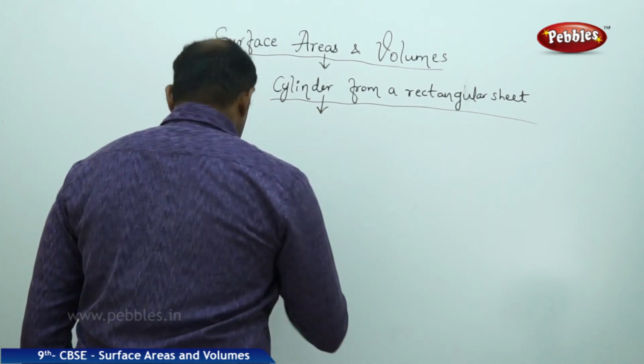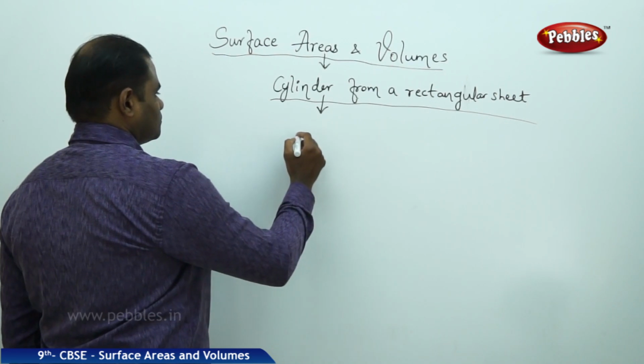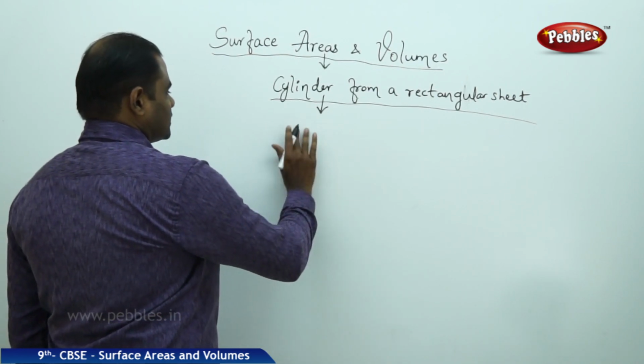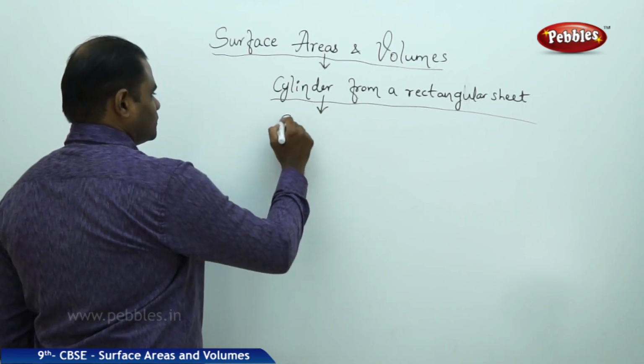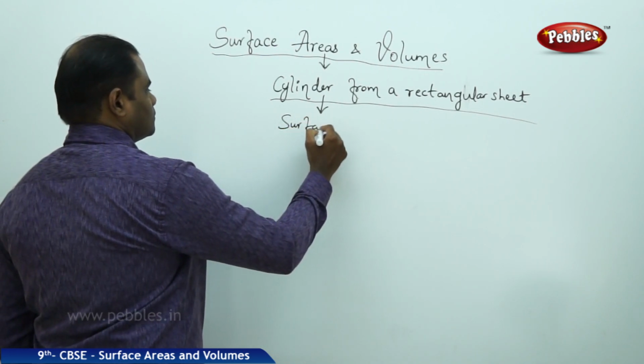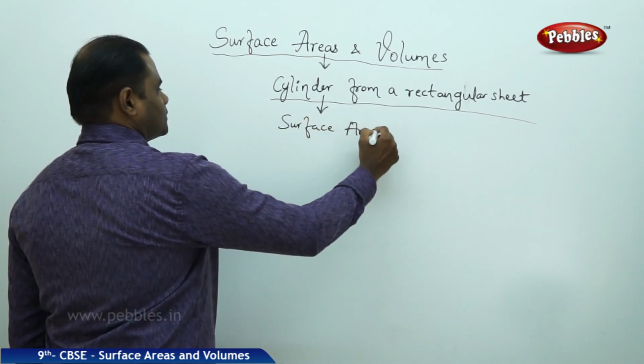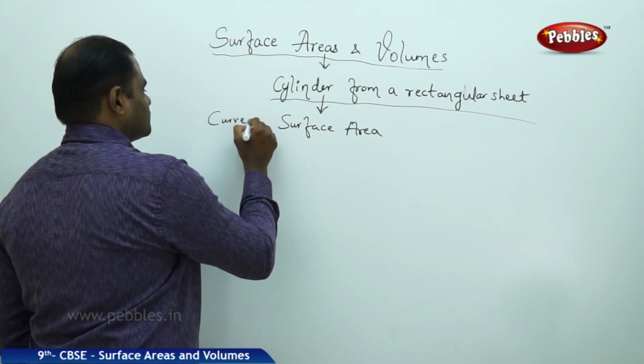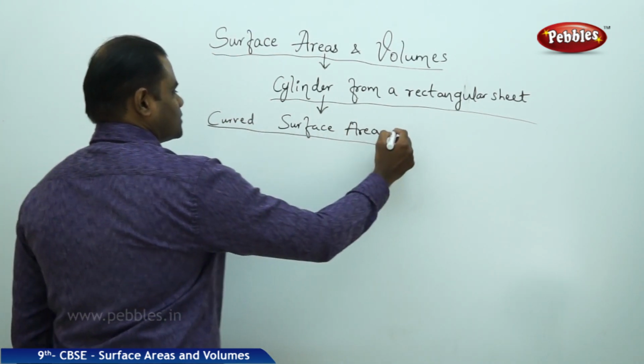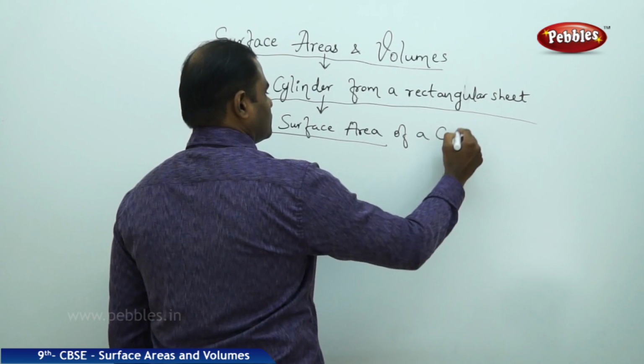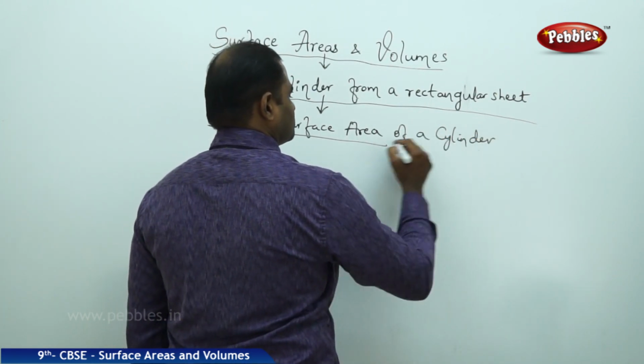So in this case, a rectangular sheet with, let's see, the curved surface area of a cylinder.